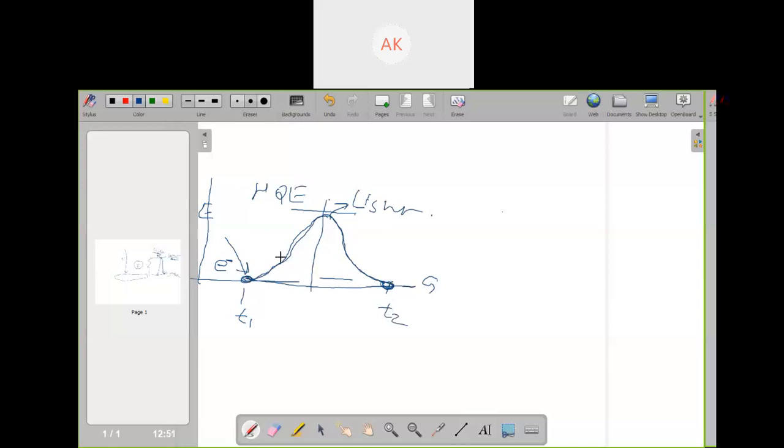So the energy of this atom at this point is h, the highest quantum energy. Then 1/10 of its h, and the time difference between these two points is called the persistency of phosphorus.